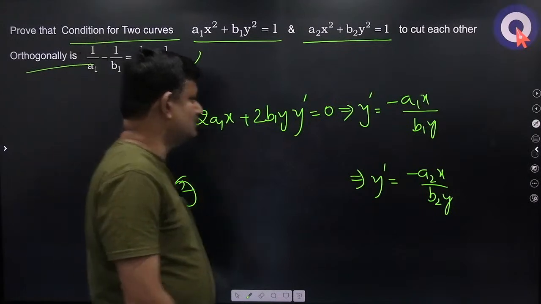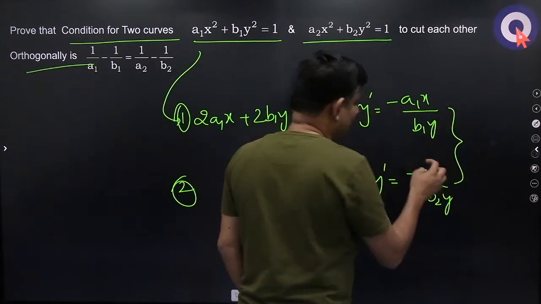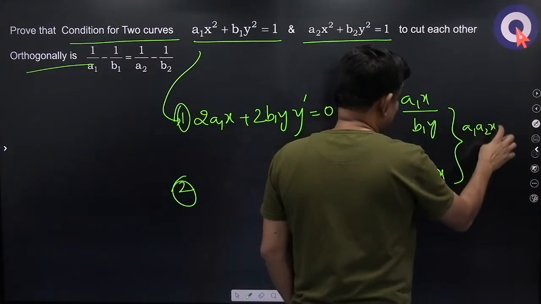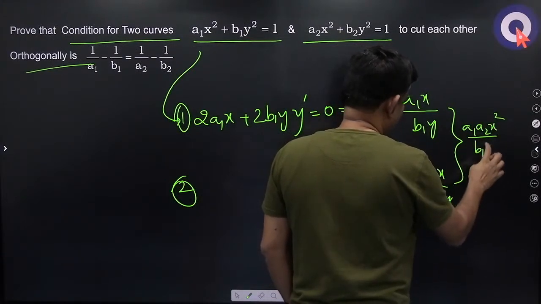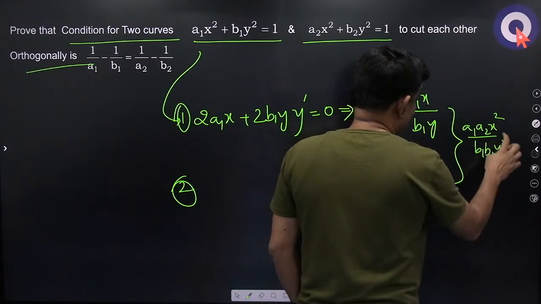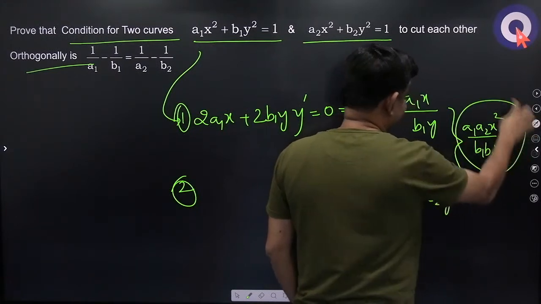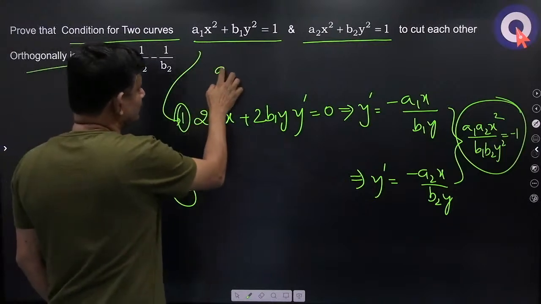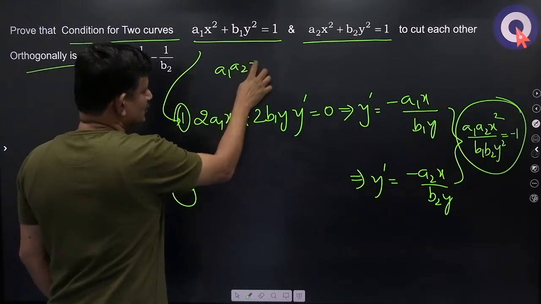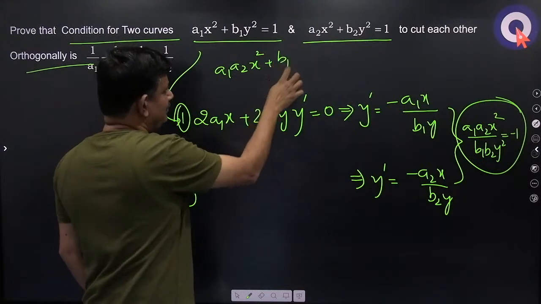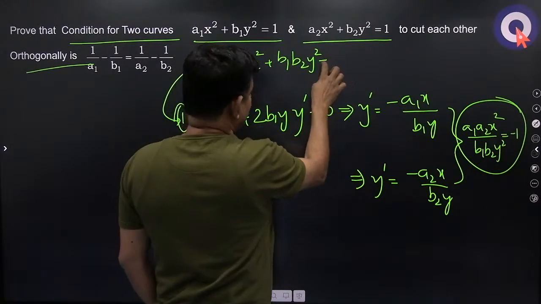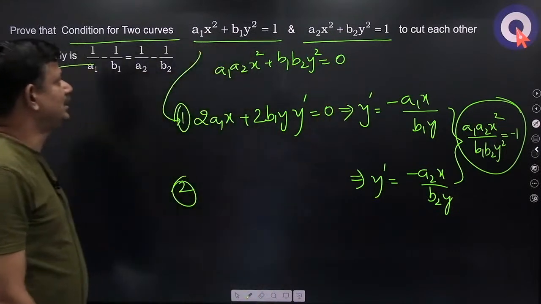So from these two, what you get is the product of the slopes, a1 a2 x square by b1 b2 y square, is equal to minus 1. Okay. So a1 a2 x square plus b1 b2 y square is equal to 0 is the third equation.